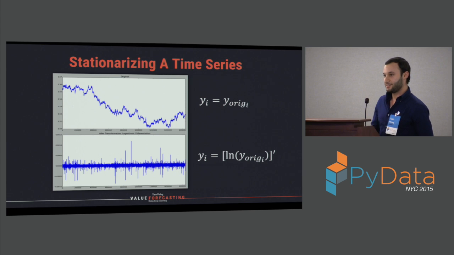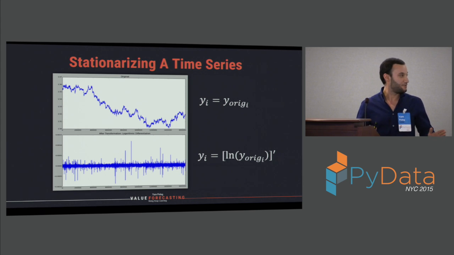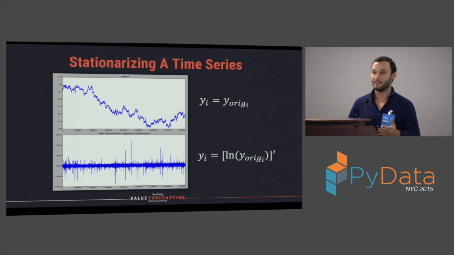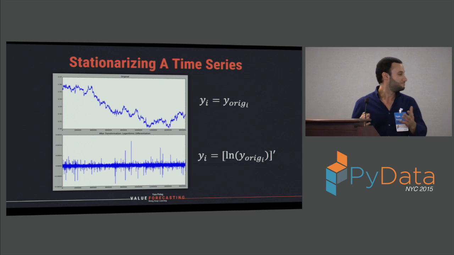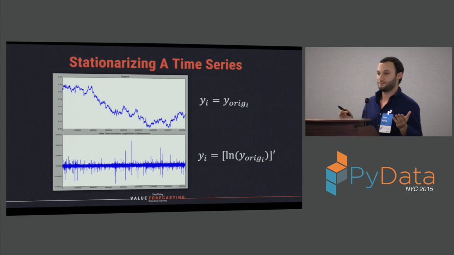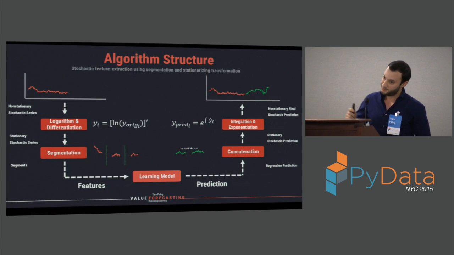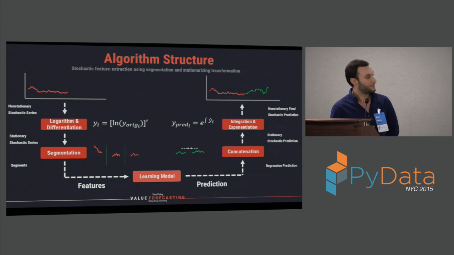Good, let's continue. Now I want to point out something which is, for us humans, that thing might be pretty hard to have any sort of prediction of what's going on with. But, all right, before I put that to the algorithm, I'm going to show you the algorithm's full structure.